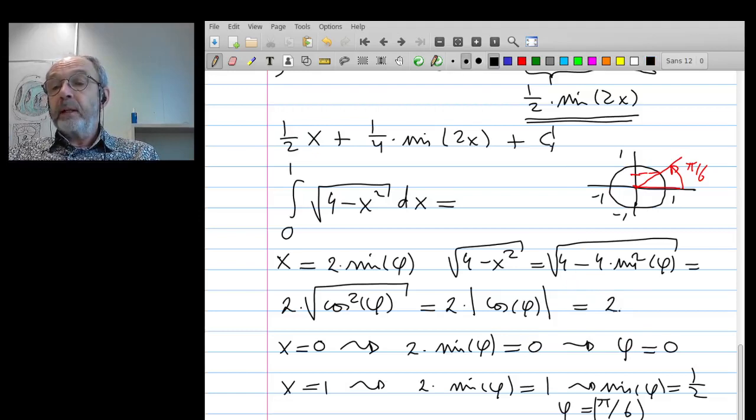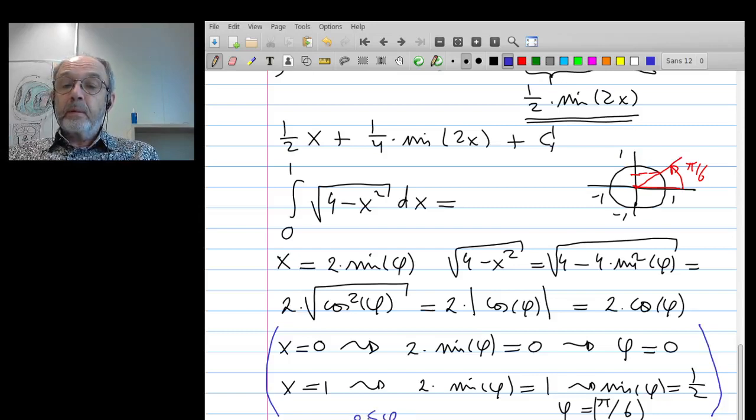So we can here write down 2 times the cosine of phi, because phi is between 0 and pi divided by 6, and the cosine of phi is positive.